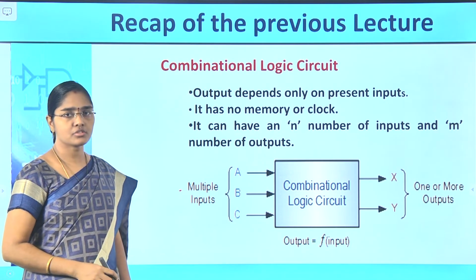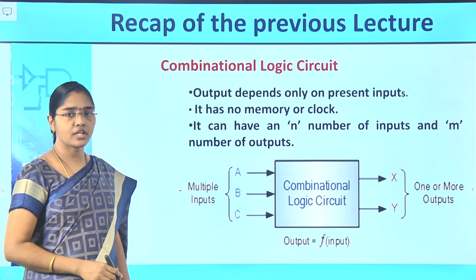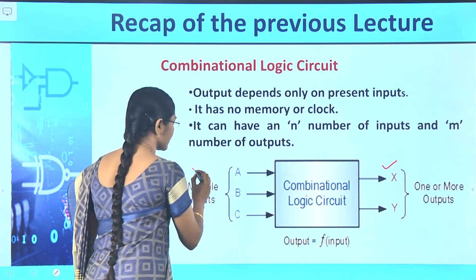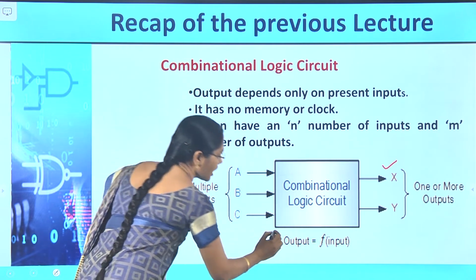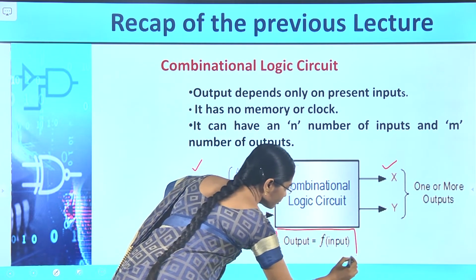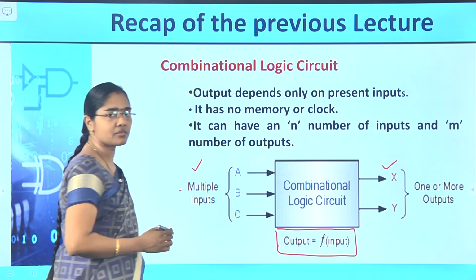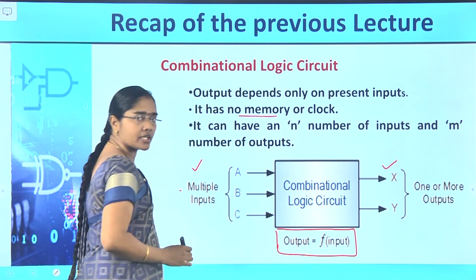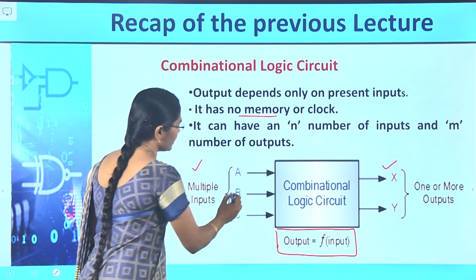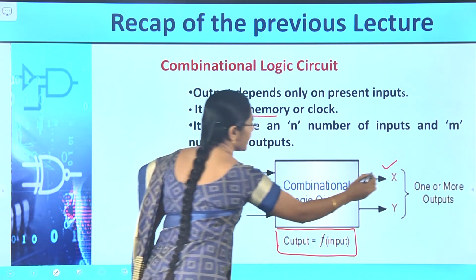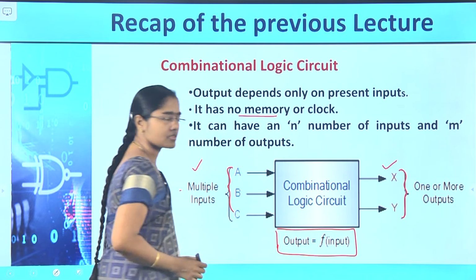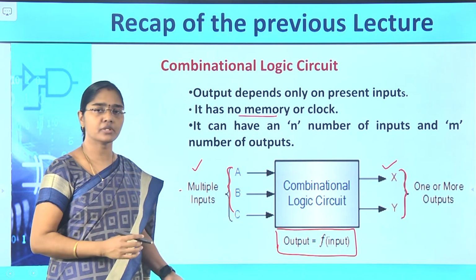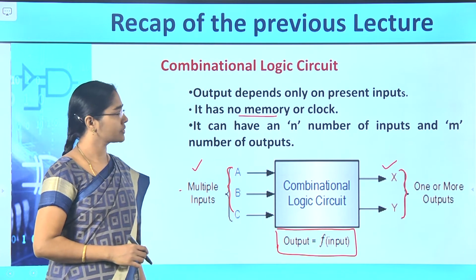A combinational logic circuit is a circuit in which present outputs depend only on the present inputs. That means output is a function of present inputs only. So it doesn't require any memory, and it has n number of inputs and m number of outputs. n and m may or may not be equal, and those are going to be greater than 1.